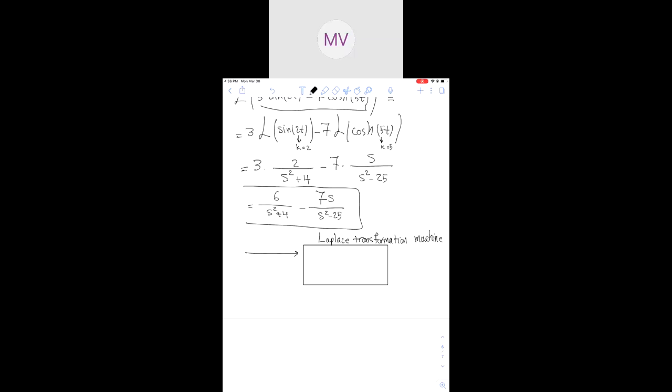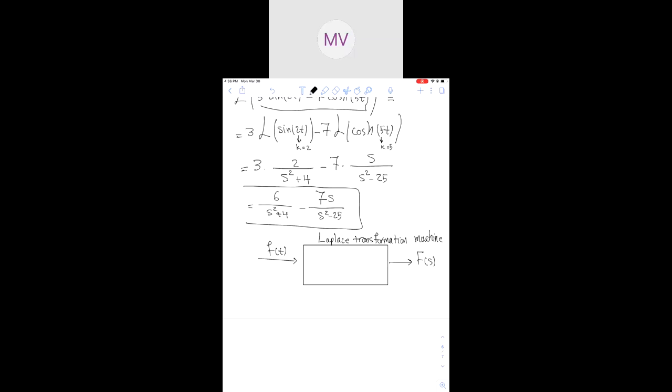From one side, you're sending, and let me use this again. So on one side, you're sending things inside, functions of t, and on the other side, it's going to give you back F of s's.